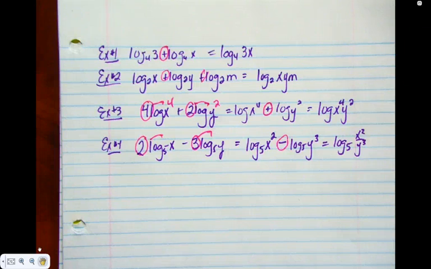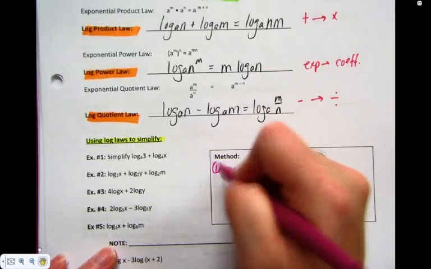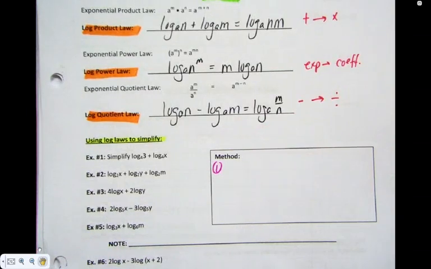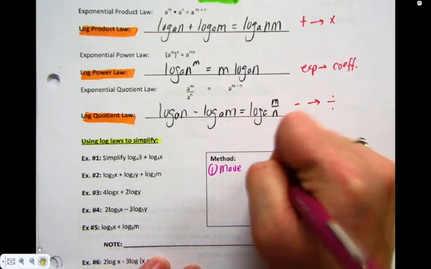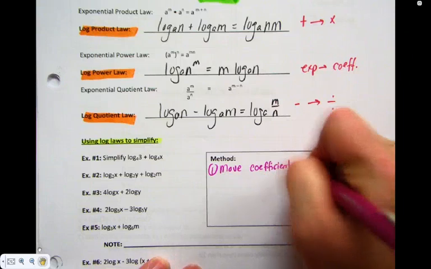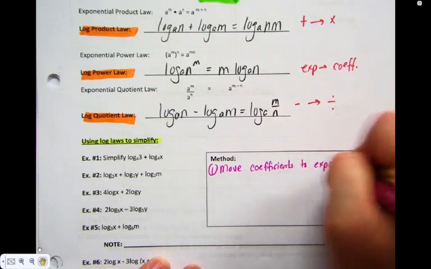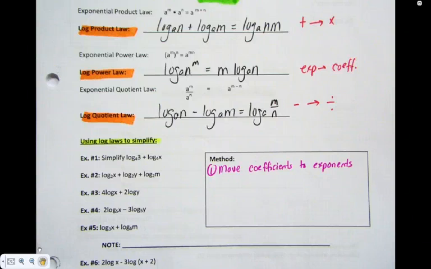How are we doing so far? Really, it's this easy. It's not going to get any harder. This is it. Method: move coefficients to exponents. And we do that step first simply because it's BEDMAS, and exponents come before multiplication and addition.